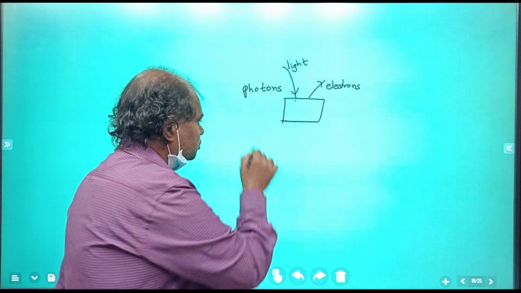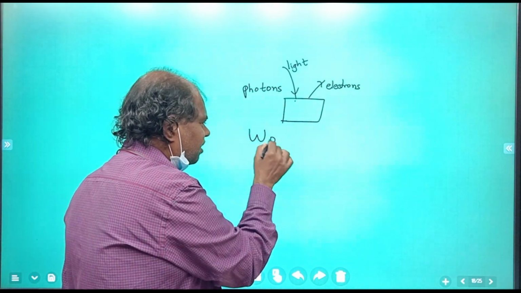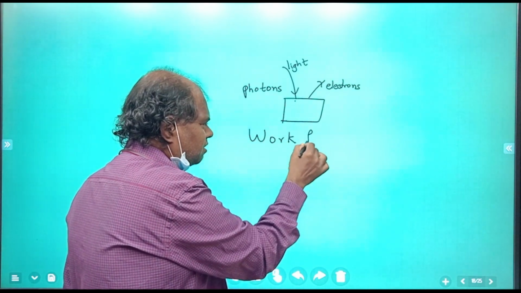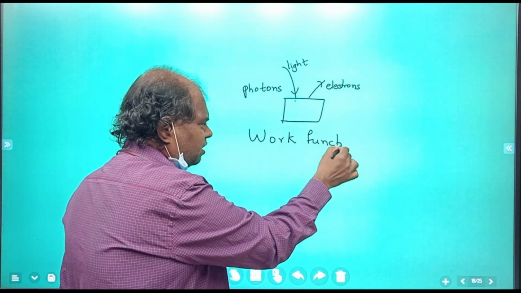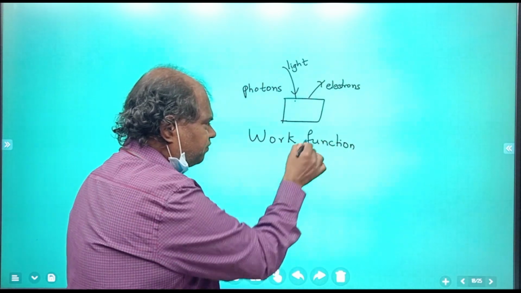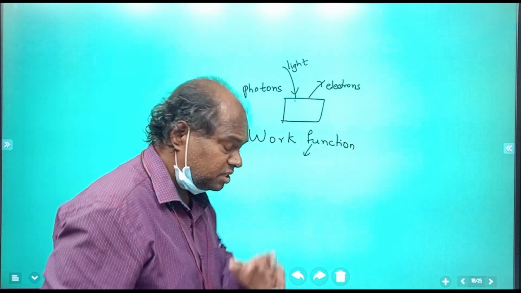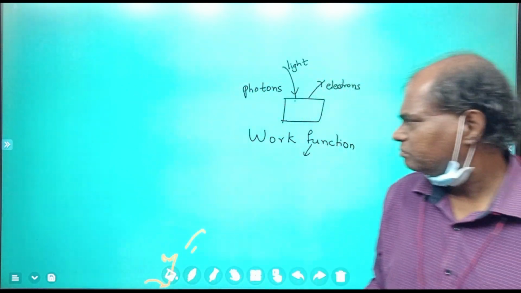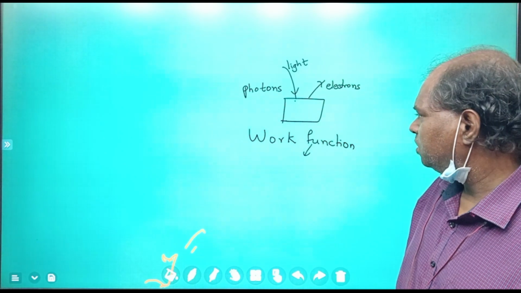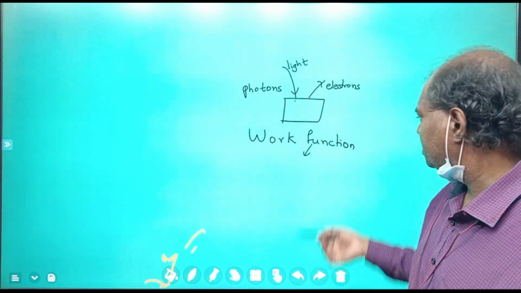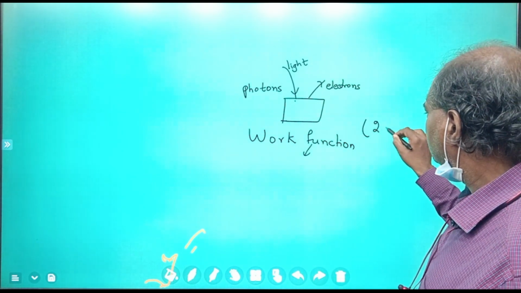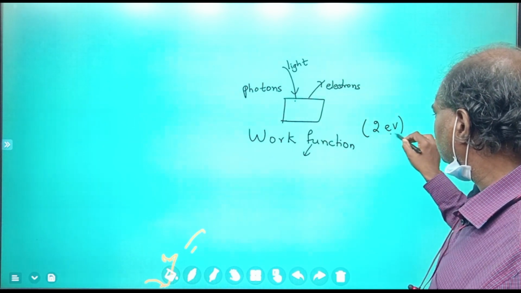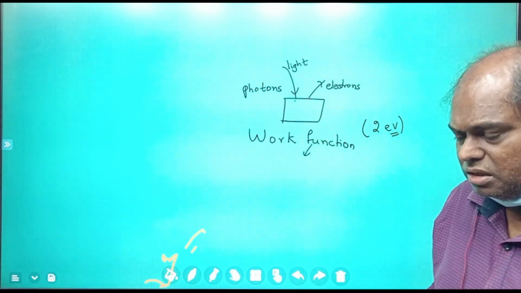So there are some terms. There is a term called work function. This work function is defined as the minimum energy required for the electron to come out. Now, for example, suppose I say work function is like 2 electron volt. The unit of energy is electron volts.